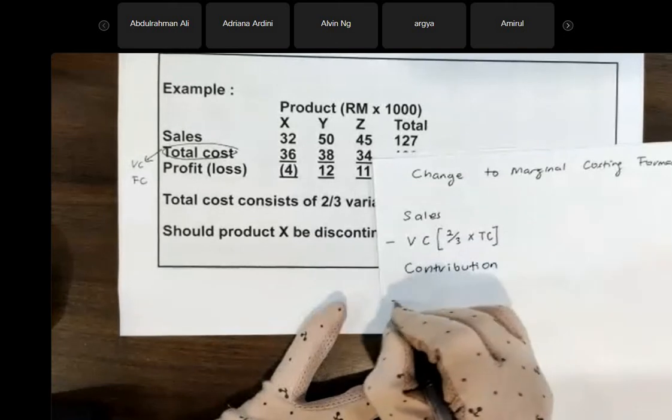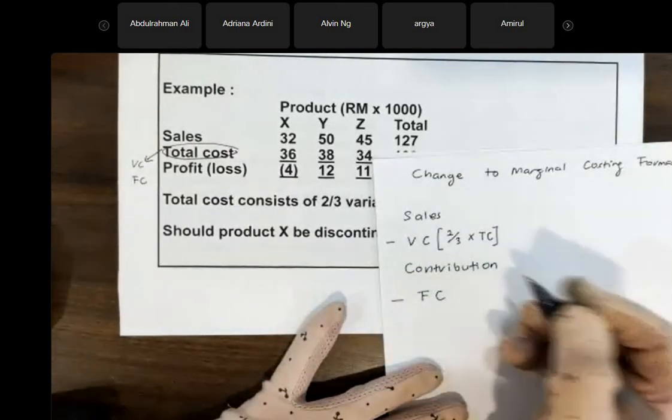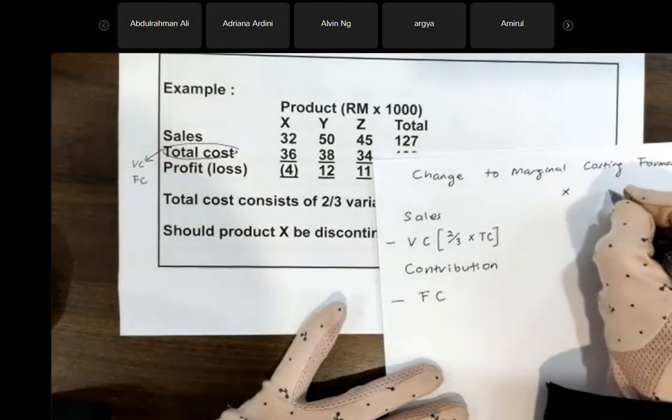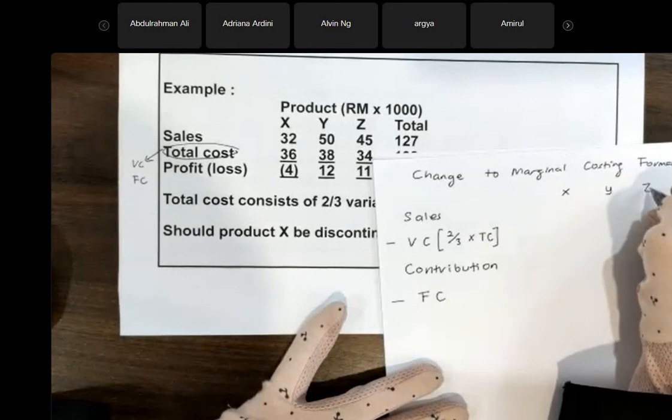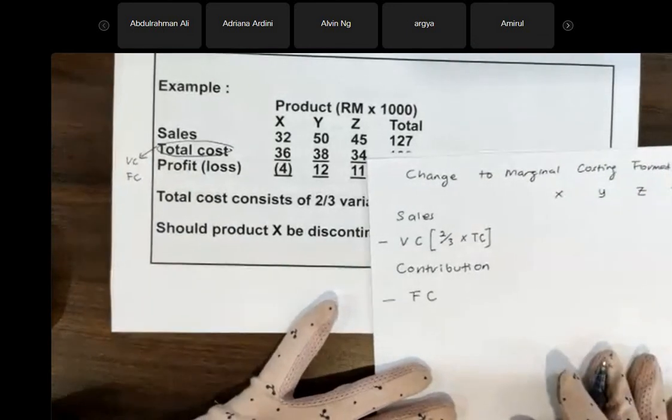Then you minus the fixed cost. Okay, now go one by one: X, Y, and Z, then the total here.